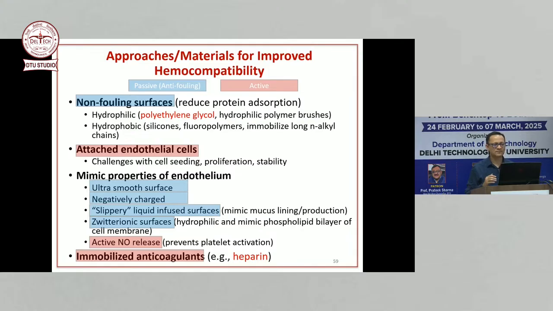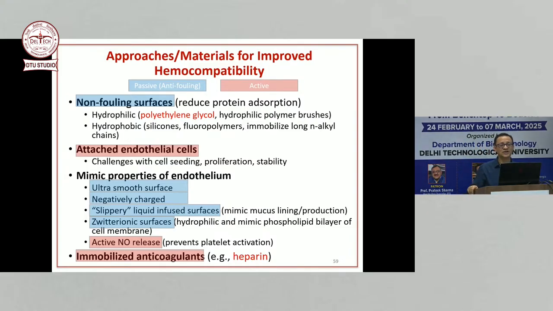So for example, when we are making non-fouling surfaces, we are trying to make hydrophilic surfaces or very hydrophobic surfaces, so things don't stick to it. Polyethylene glycol is a simple example. Zwitterions, they are coming later also, but that's like non-fouling. You're preventing things from sticking.